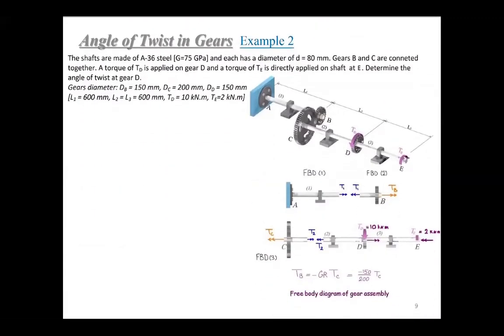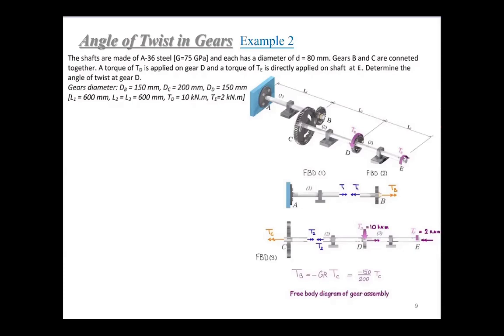Then this is example 2. Potentially more steps because there are more sections, but if you understand the golden rule, everything will be natural and sequential, step by step from one end to the other. This is a long shaft, two shafts, made of steel.